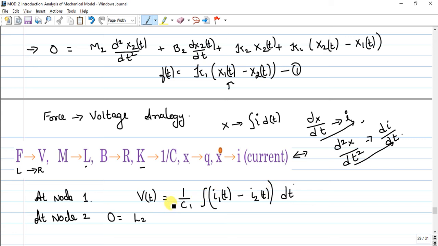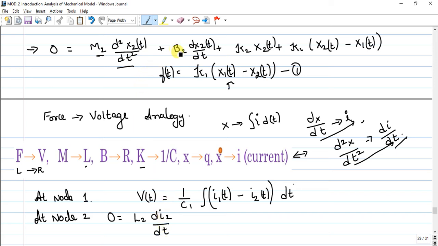So the second equation, mass: m2 is here, straight away we will replace with L2, and d square x2 of t by dt square will be replaced by differentiation of i2 with respect to dt.